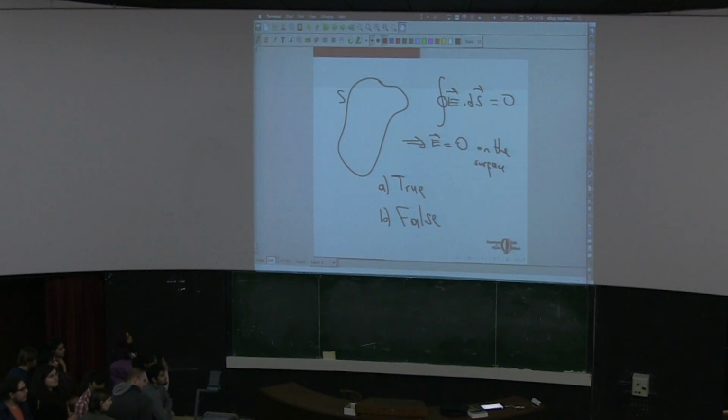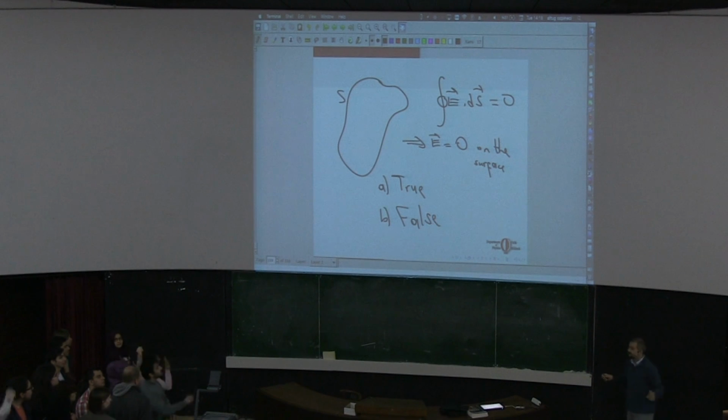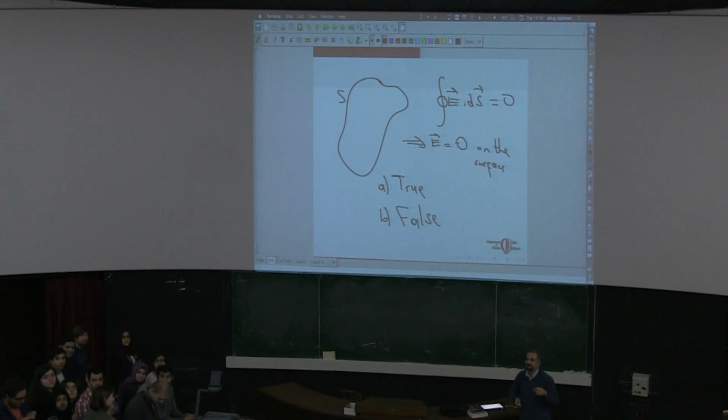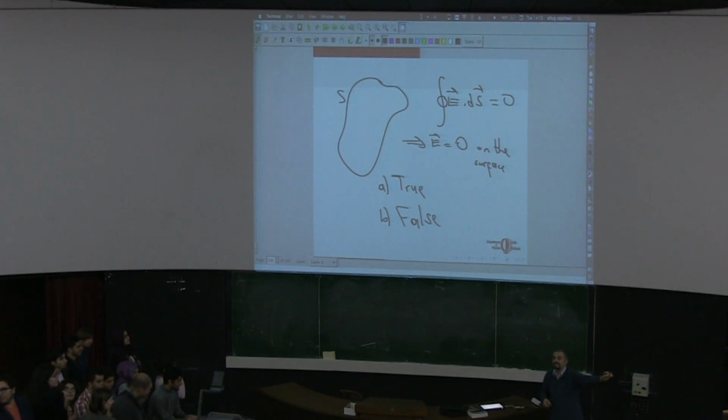So any objections to this last comment? He says that according to the Gauss law, this statement says that there is no charge anywhere. Any objections? I just want objections to his last comment.